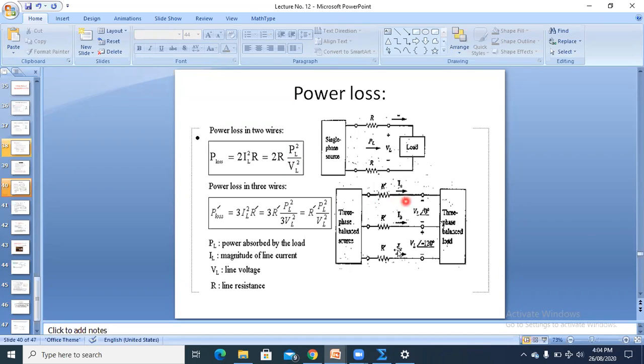But for a 3-wire system, it is 3 I line square R dash, and 3 R dash is equal to PL square by 3 V line square, and that is R dash PL square over VL square.